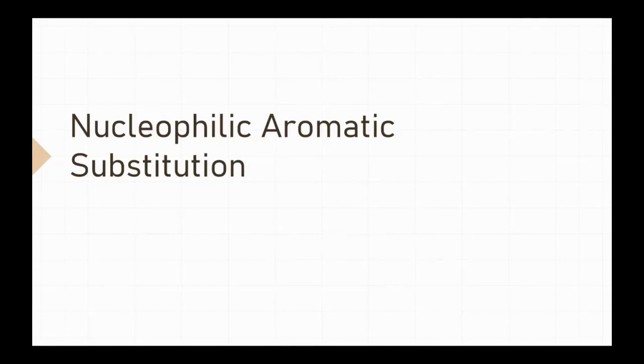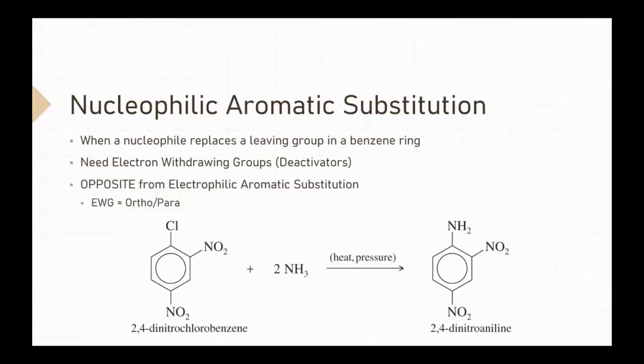Okay, now nucleophilic aromatic substitutions. It's kind of like the opposite. Now with electrophilic, that's when you add stuff to the benzene. Nucleophilic is when you substitute something from the benzene ring.